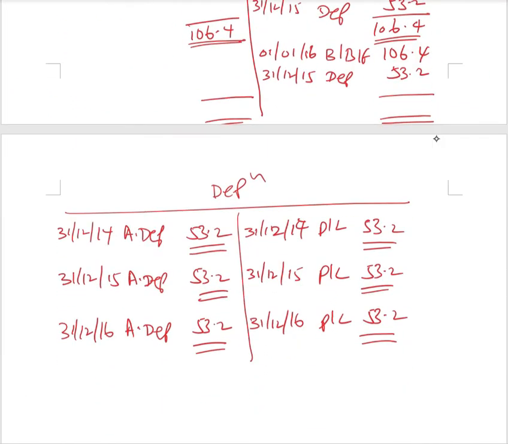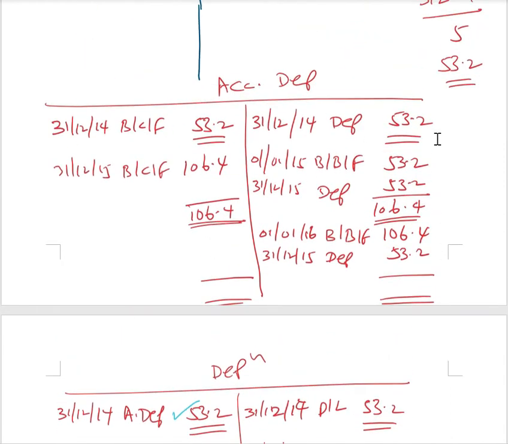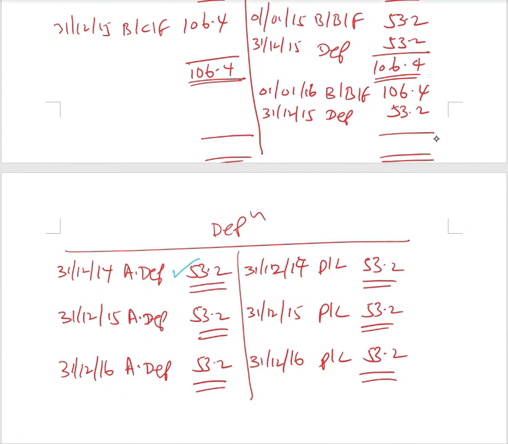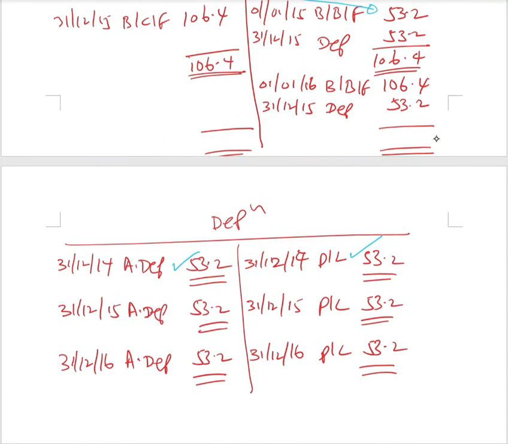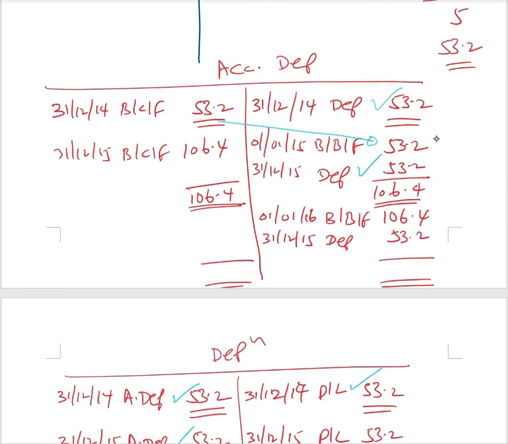So depreciation account debit, credit accumulated depreciation account for 2014, and this amount will be transferred to the profit and loss account, and this will be carried forward to the next financial year 2015. Again 2015 depreciation debit, accumulated depreciation account credit. So this amount will be carried forward to the next financial year 2016. Total is 106.4.